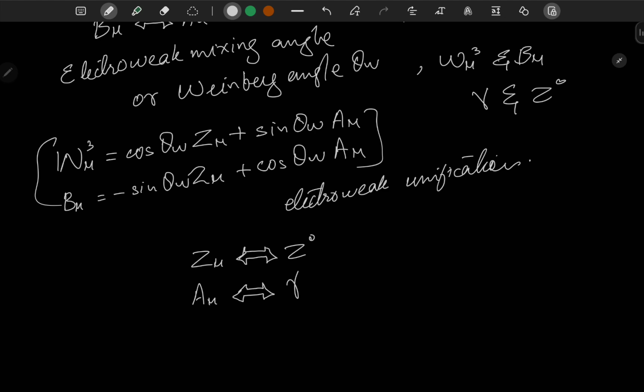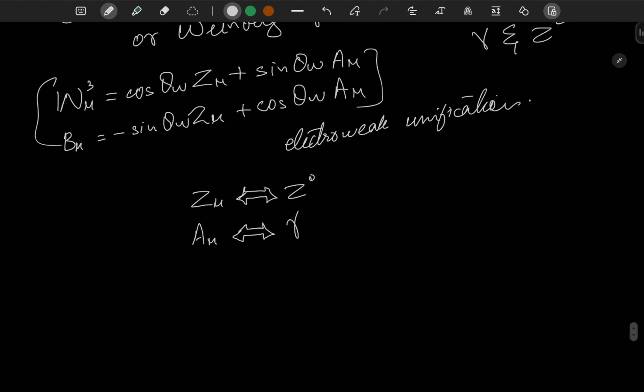Now we need to check that the neutral current term actually contains the electromagnetic term.